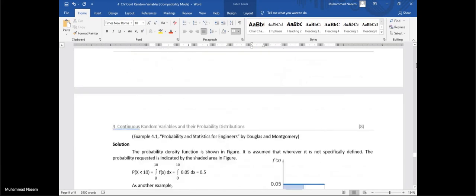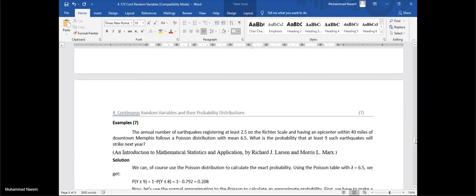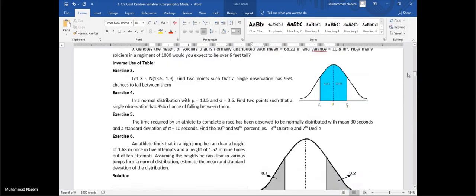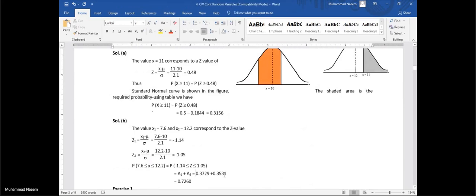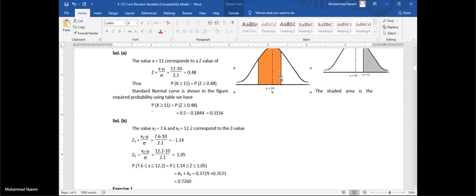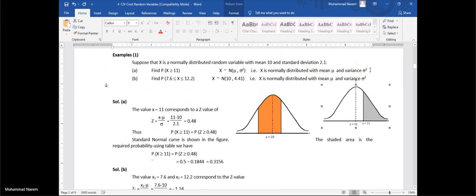We have calculated these areas in our problem, and further calculation according to the requirement. Here we add both the tabulated areas. Here we subtract tabulated area from 0.5.